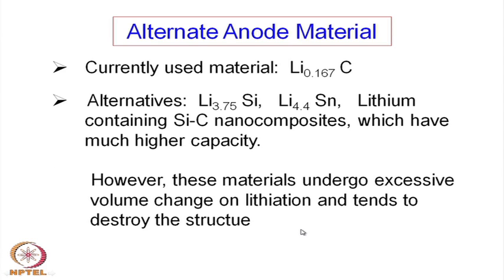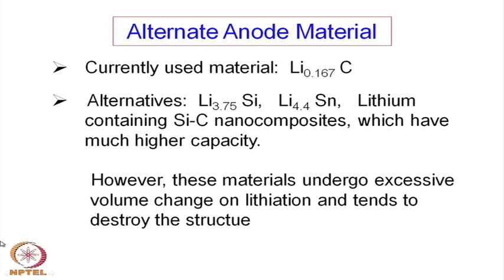Now, whenever you are introducing lithium into the structure, certainly there will be some expansion, because compared to the virgin material, there will be always some volume change, and the lattice parameter will be increased, and as a result there will be volume change. So, this volume change is certainly a very important criteria or a problem for actual practical application.